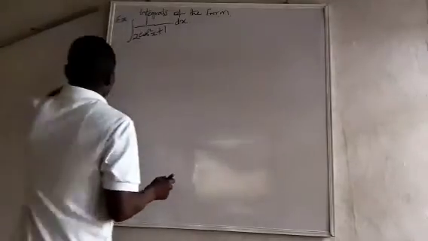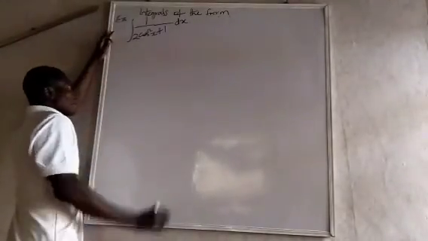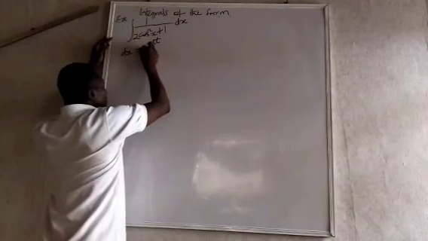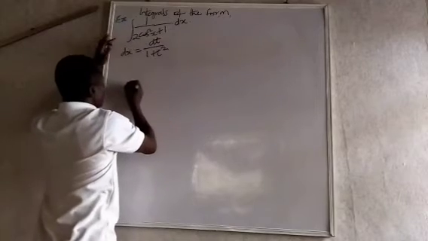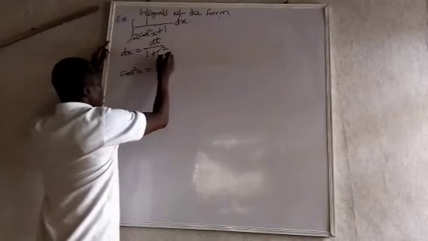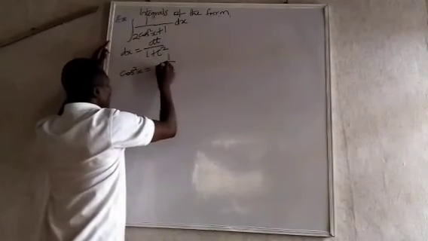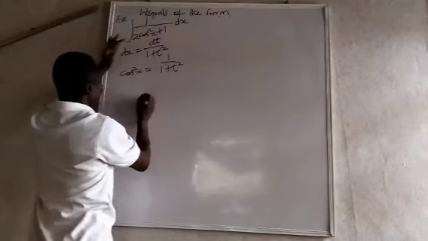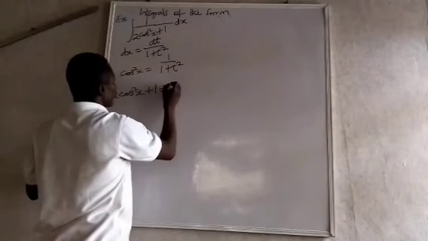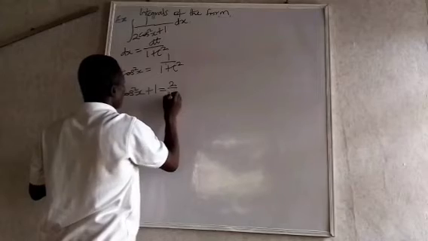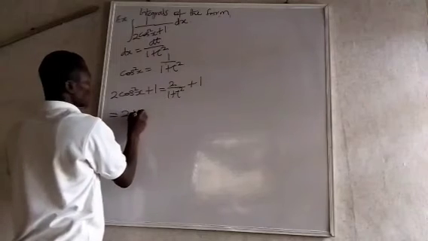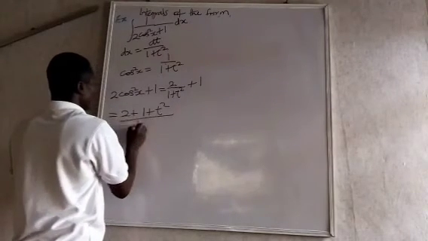Now let's quickly do this one: 1 over 2 cos square x plus 1 dx. We have established that dx is equal to dt over 1 plus t squared. And cos square x will be equal to 1 over 1 plus t squared. So 2 cos square x plus 1 will be equal to 2 over 1 plus t squared plus 1, which will be 2 plus 1 plus t squared over 1 plus t squared.